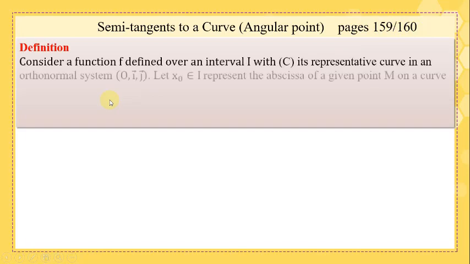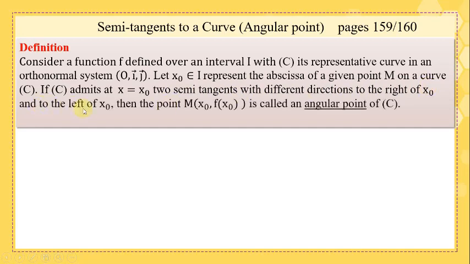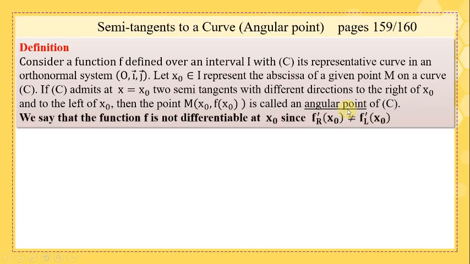Definition. If we have a point on the curve, for example x equal x0, and it admits two semitangents with different directions, one to the right of x0 and the other to the left of x0, then this point is called angular point.